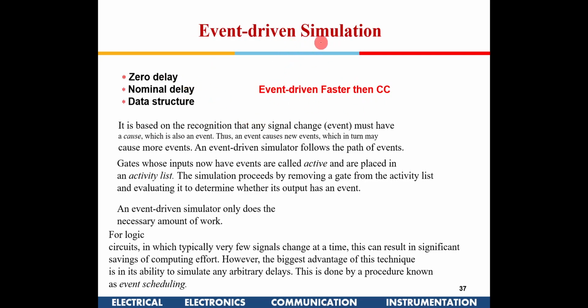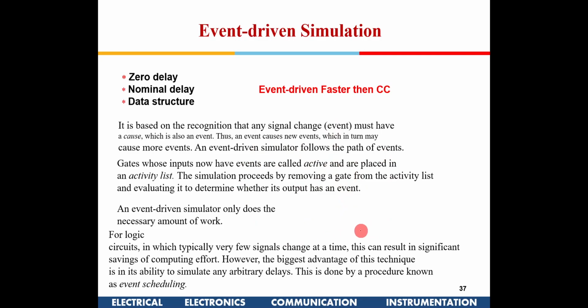So in the event driven, first one simulation is run, and next you give a next test vector. It is not going to start again from the code. It will see which part of the circuit the data needs to be changed, so it will change only that particular part.